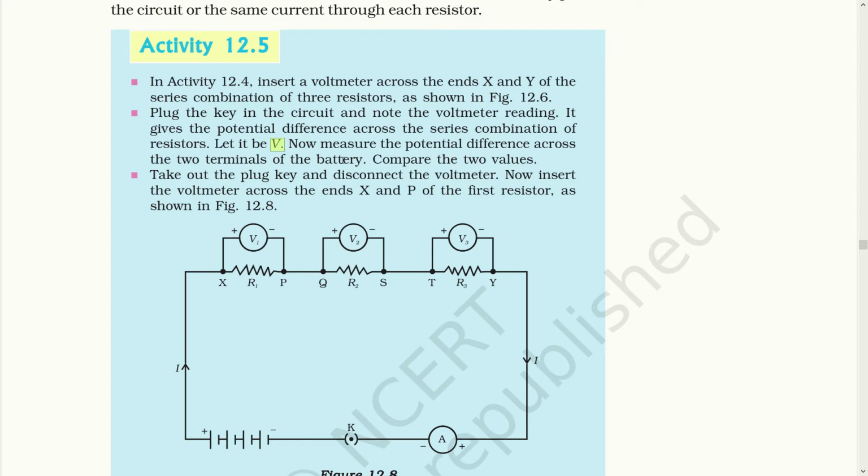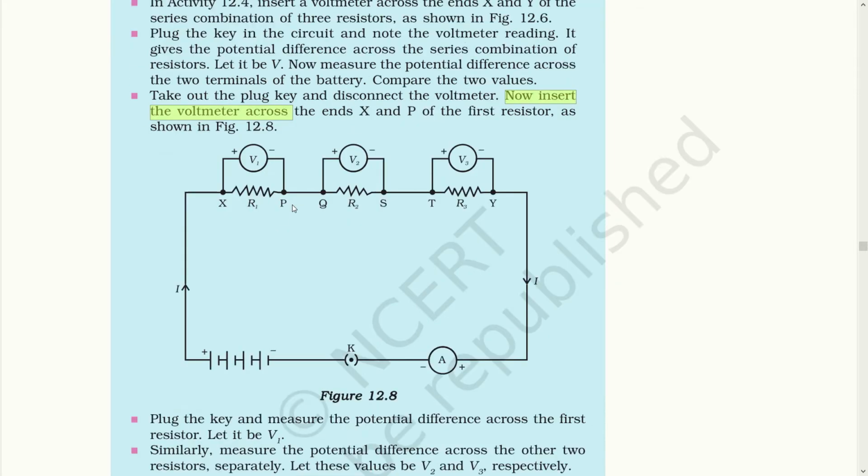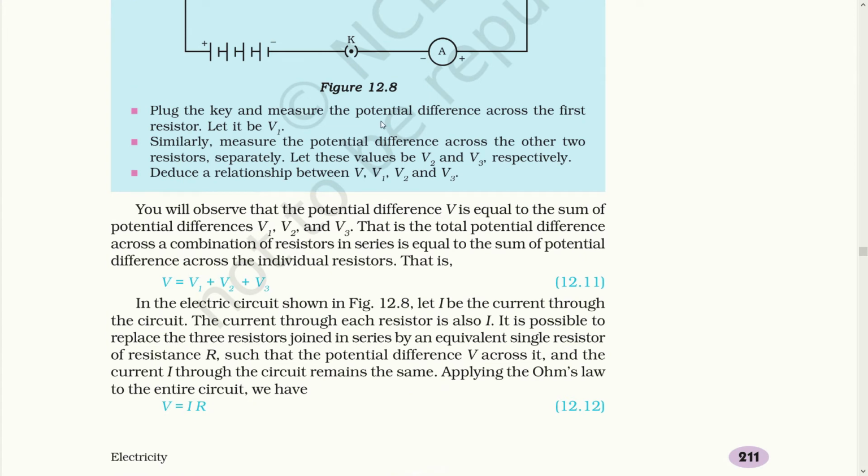Compare the two values. Take out the plug key and disconnect the voltmeter. Now insert the voltmeter across the ends X and P of the first resistor as shown in figure 12.8. Plug the key and measure the potential difference across the first resistor. Let it be V1. Similarly, measure the potential difference across the other two resistors separately. Let these values be V1, V2 and V3 respectively.